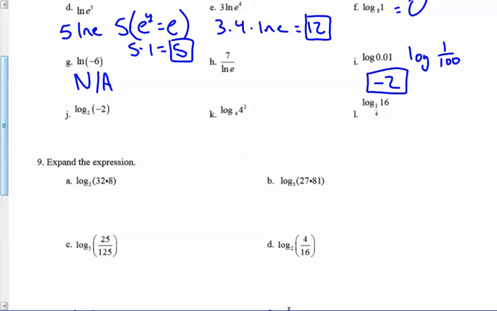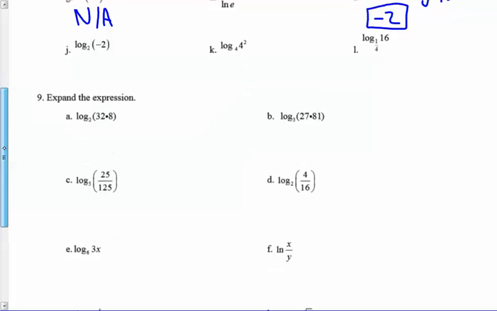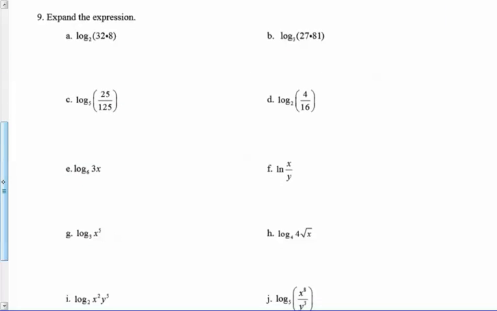All right? So, expanding expressions. Multiplication becomes addition. So this rewrites to log base 2 of 32 plus log base 2 of 8. Now in this case, I know that 2 to the fifth power is 32, so I can rewrite that log as 5. And I know 2 to the third power is 8, so I can evaluate that log and say it's 3.